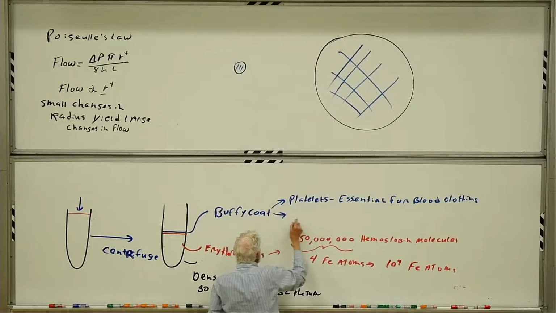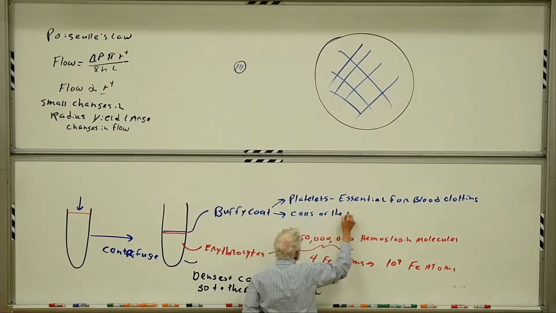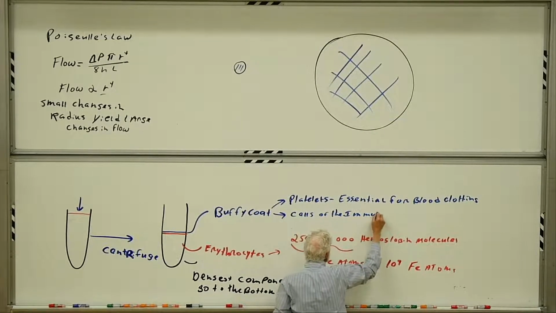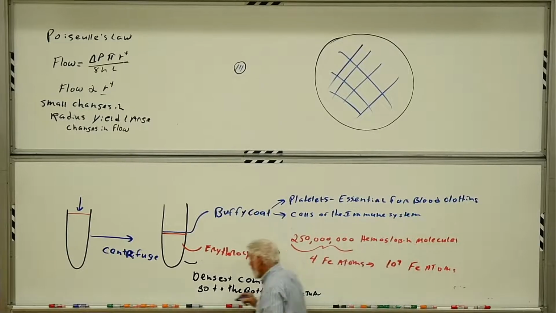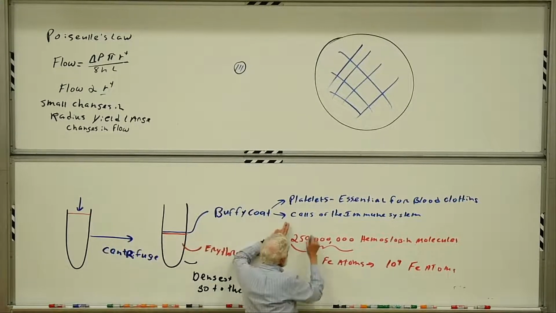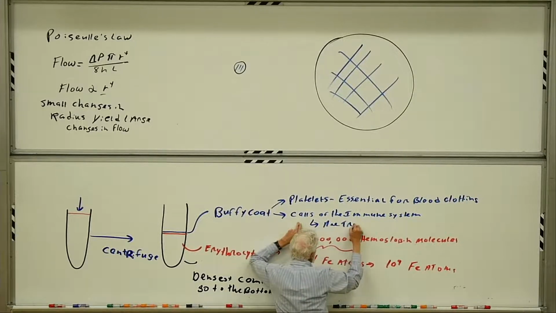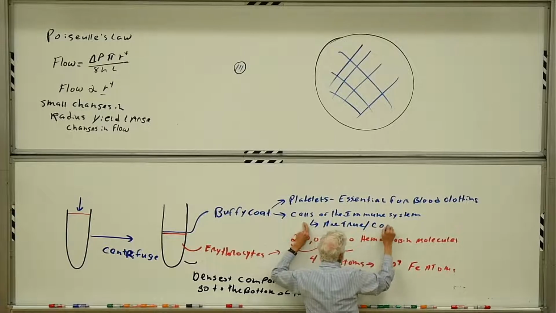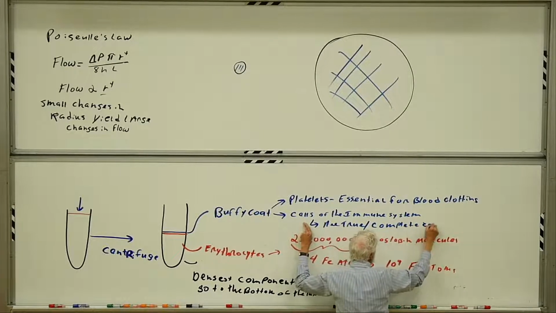They also contain cells of the immune system. Now, what we'll see here in a moment is these cells of the immune system are true, complete cells.